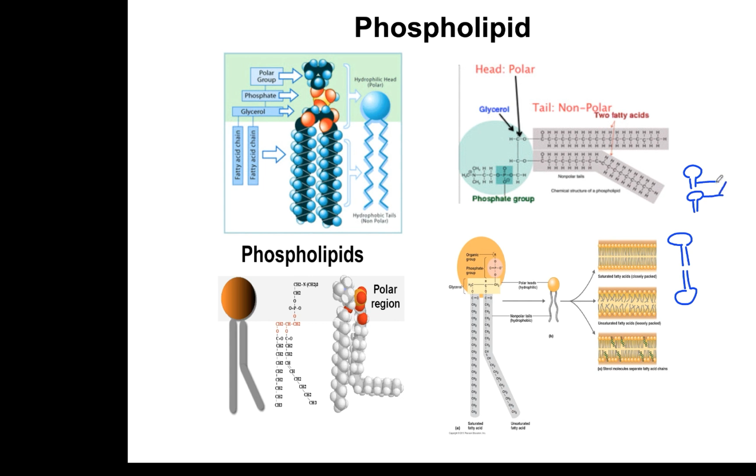They are not very friendly. Therefore, they do not like this composition. They are comfortable forming tail facing tail, and the head is far from the tail region. That's why the plasma membrane has this kind of composition.